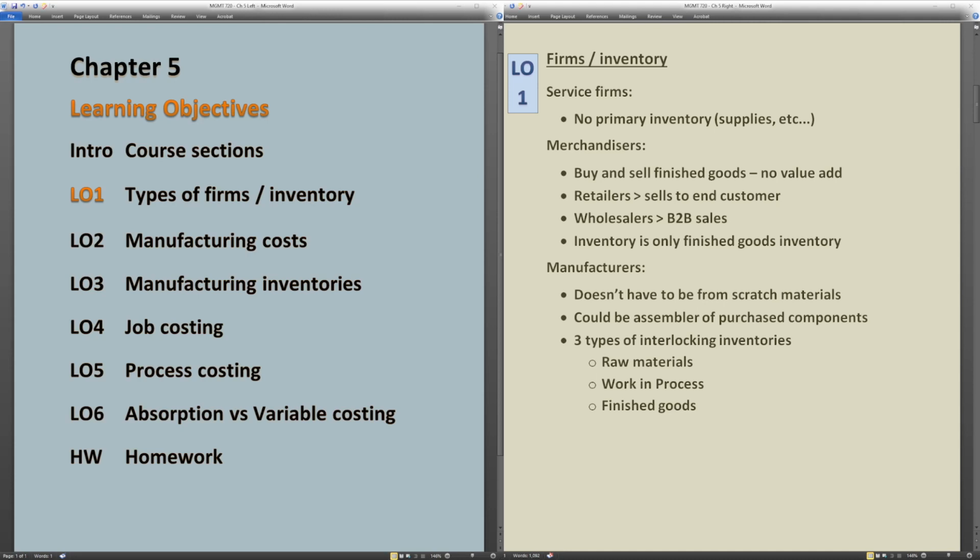Now, remember that accountants see things in blocks of time, in increments of time, because we have to report on them, whereas managers see a continuous flow. So a manager running a factory might think, this is a production, I have a start and an end. But for the accountant, because the month end might come before you have finished some of your product, we need to be able to calculate what is the value of the work in process so that we can put that on the financial statements.